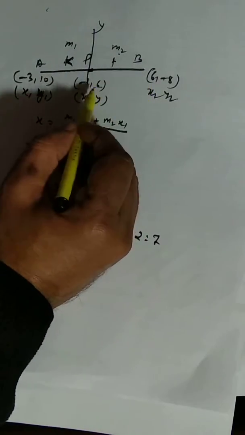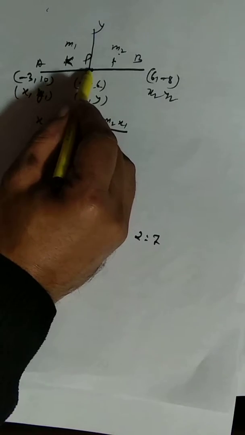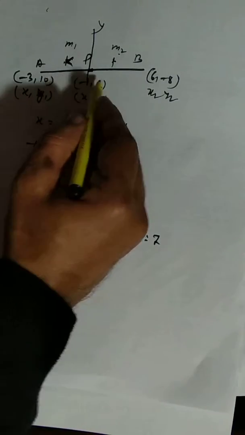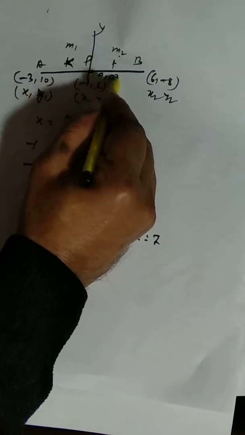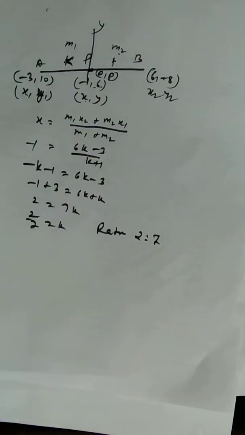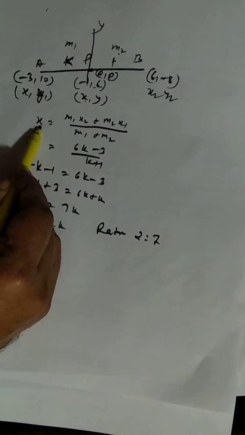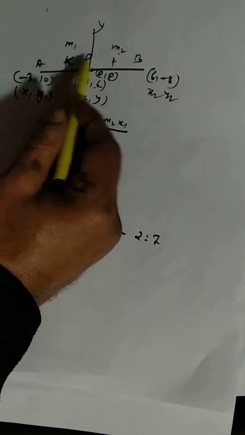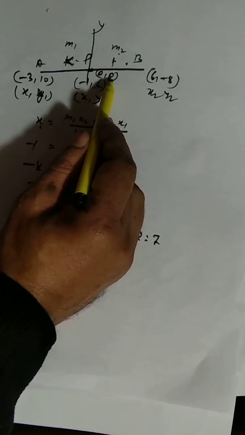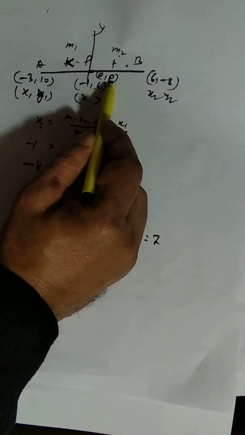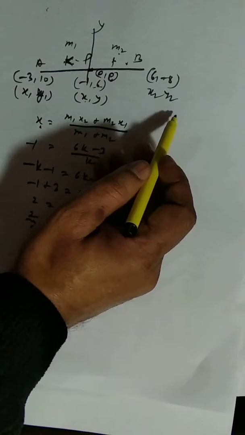So for that, on the y-axis the x coordinate is 0. So I can take this point as (0, p). Here I'll put 0 for x. Ratio is unknown to me, k is to 1. Using that I'll find k. Then they can also ask me to find the y coordinate. Then we can find p by the same formula.